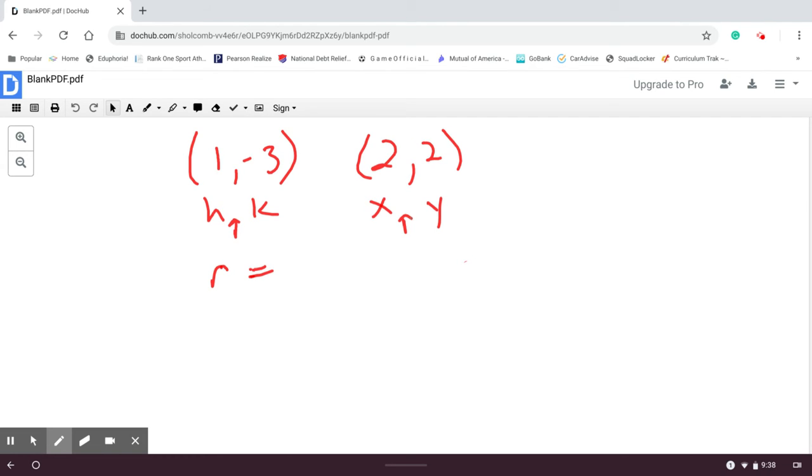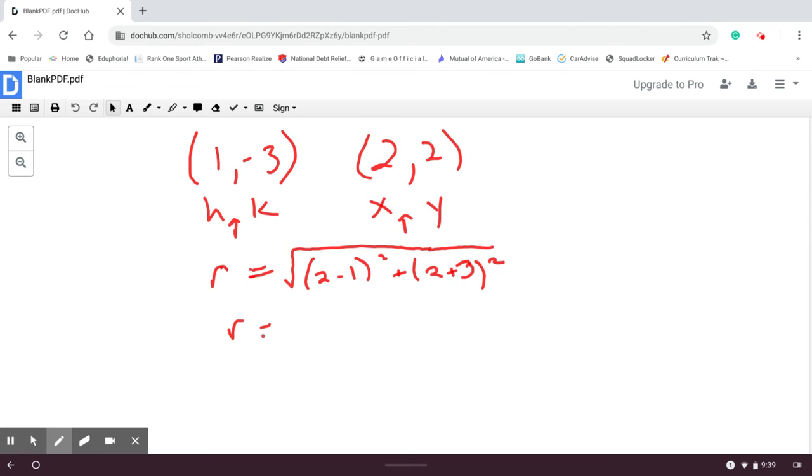So you would do the square root of (x2 minus x1) squared plus (y2 minus y1) squared. 2 minus negative 3 becomes plus 3, squared.